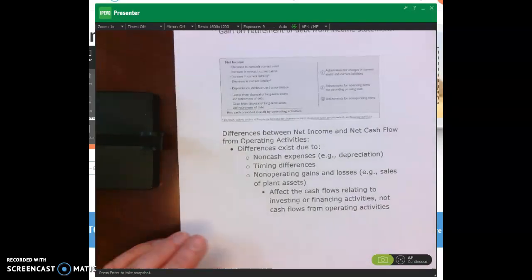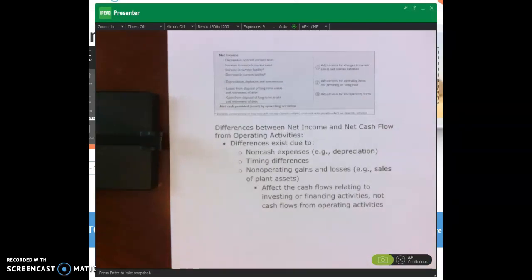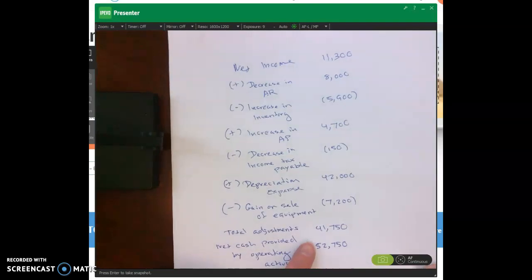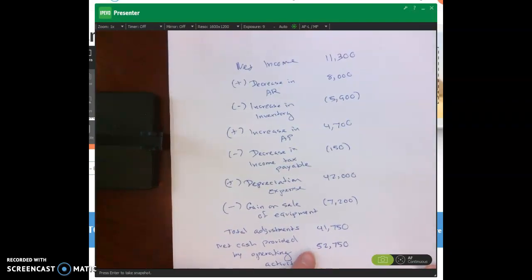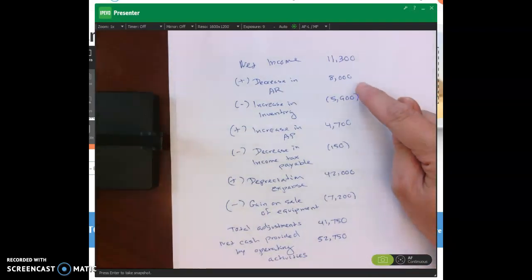Okay. Let me go back to the prior page right over here. And I just want to make some comments that we can have some differences between net income and our net cash flow from operating activities. Why can we have differences? So for example, right over here, we had net income of $11,300, but net cash provided by operating activities of $52,750. What are those differences? Well, we have some timing differences, right?